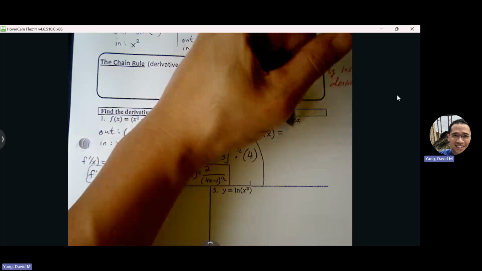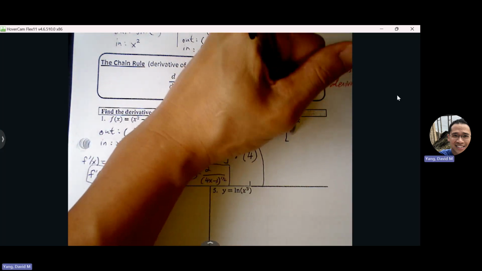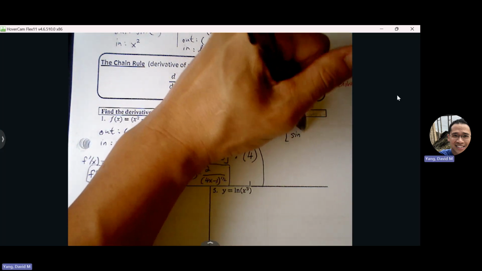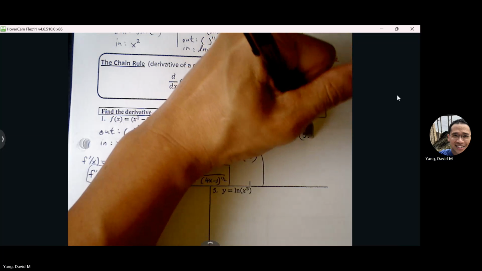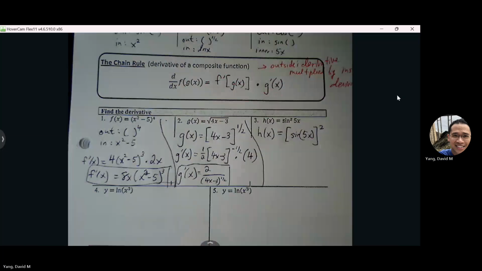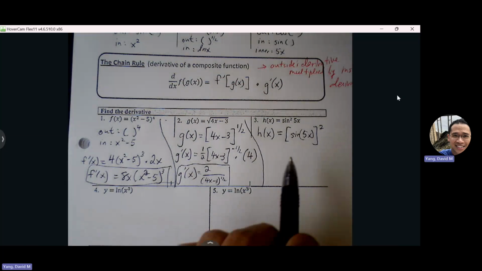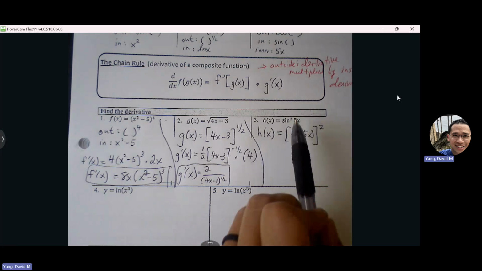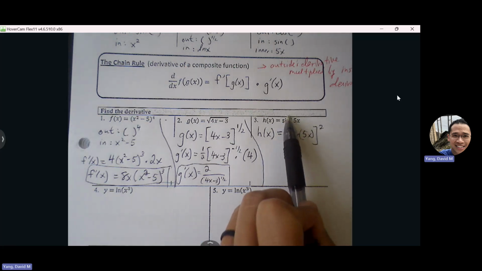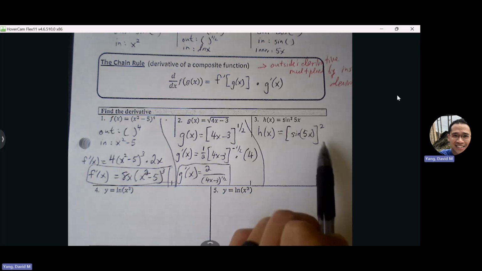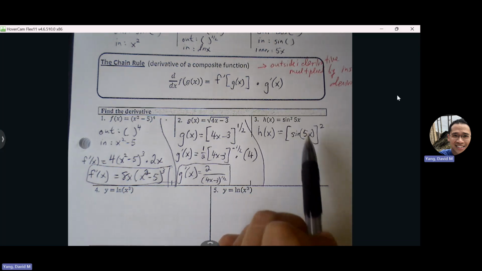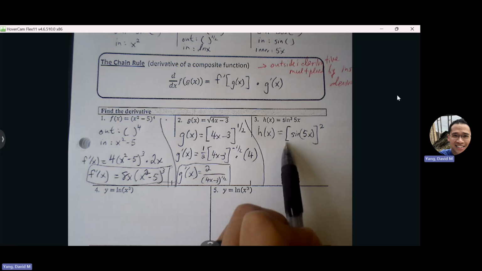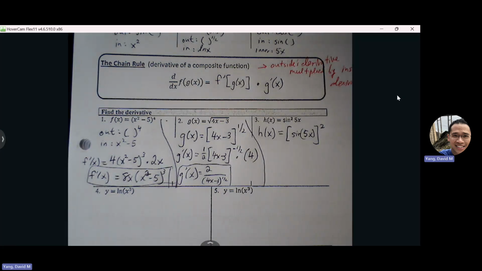So what if we just pull the parentheses or bracket outside sine of 5x? These mean the same thing, but this is the way that you're going to see a problem written because it's a shorthand way of writing it without having to use as many brackets or parentheses. But this is the form that is more useful for us.